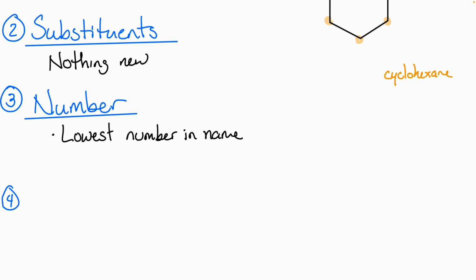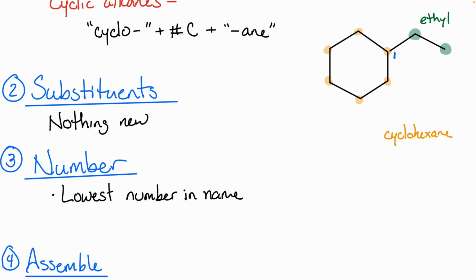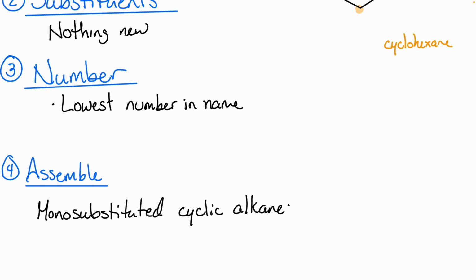For step 4, when we assemble, if there's only one substituent on the ring, as in the case here, we know it's at carbon 1, so we're not going to bother putting that 1 into the name. So for what are called mono-substituted cyclic alkanes, we're going to omit the locant from the name.